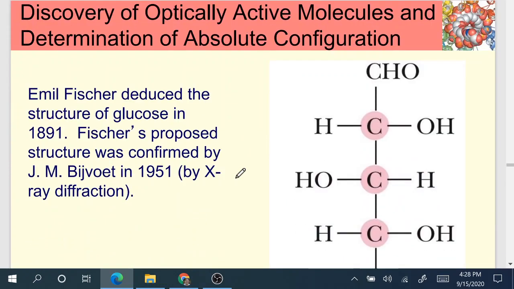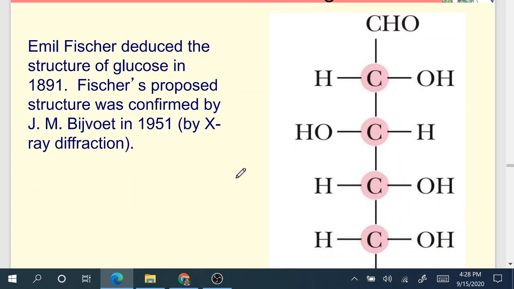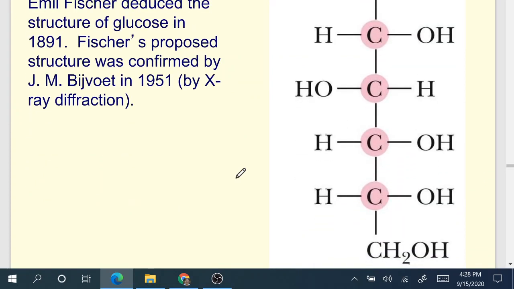Sugars have a lot of chiral centers, and here's an example of glucose. You can see all of the chiral centers in glucose, and this one is demonstrated as a Fischer projection. All of these carbons that are in pink are actually chiral, and so this would be a Fischer projection where all of the verticals are going away from you, and all of the horizontals are coming out at you.